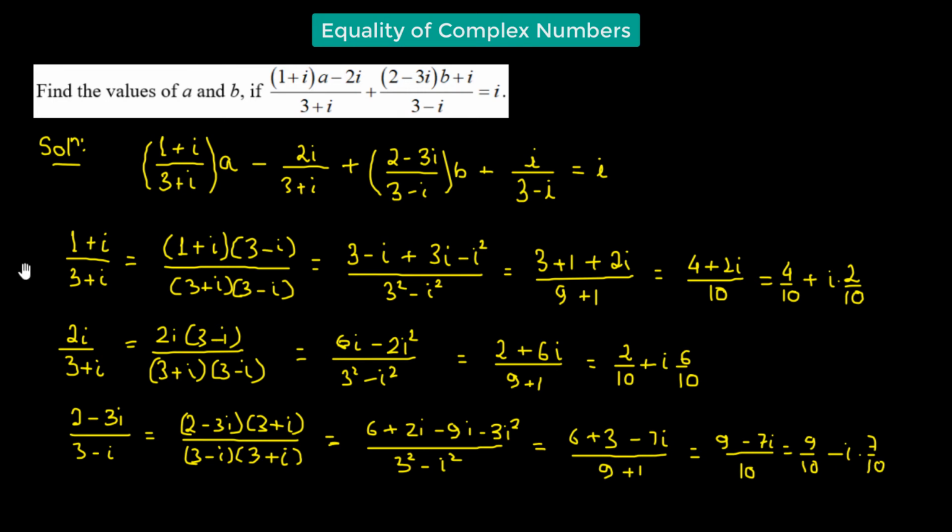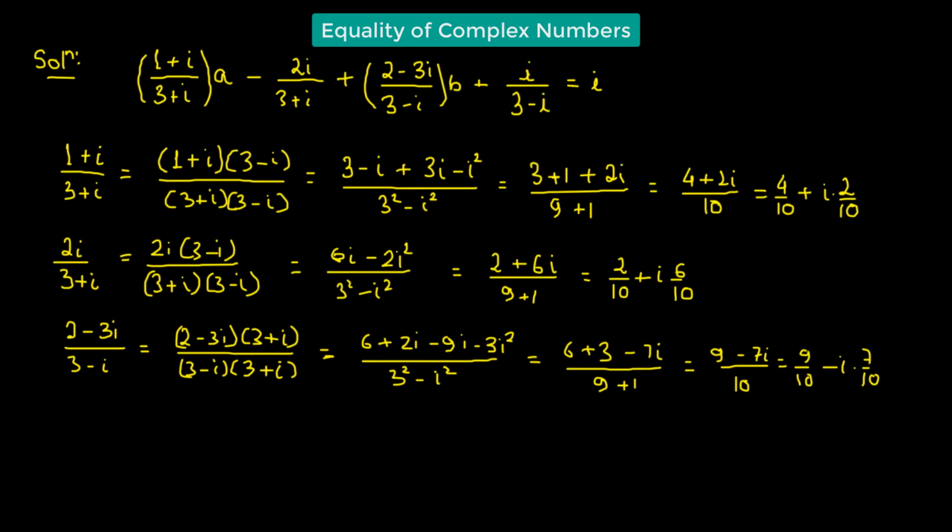Then for the fourth term, we have i over 3 minus i, which will be equal to i multiplied by the conjugate of the denominator, that is 3 plus i, divided by 3 minus i times 3 plus i.